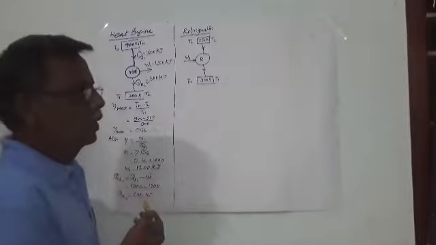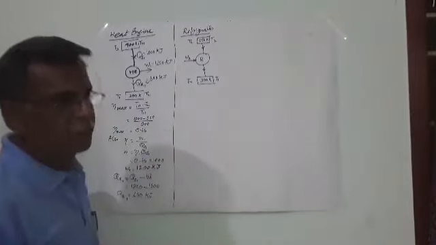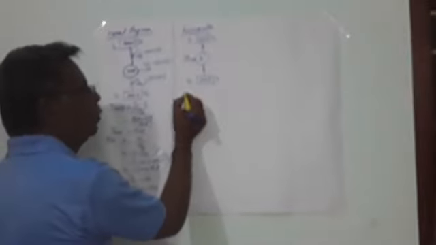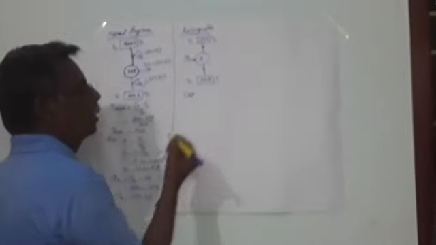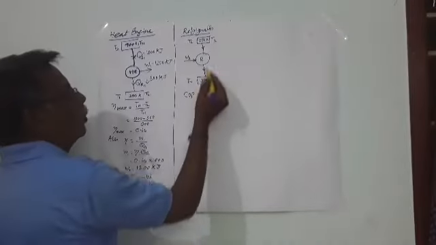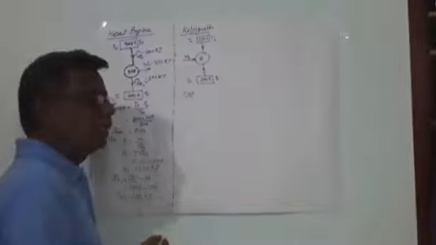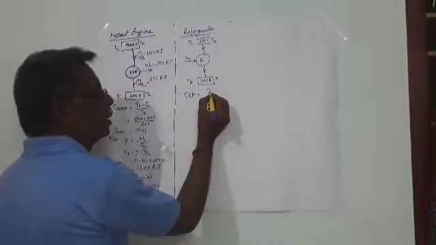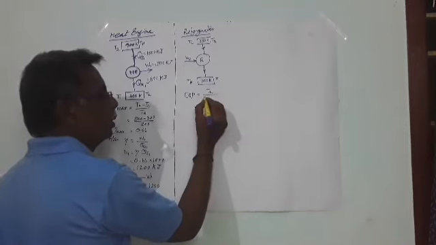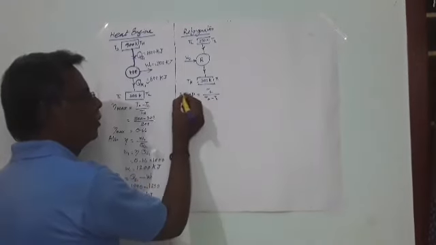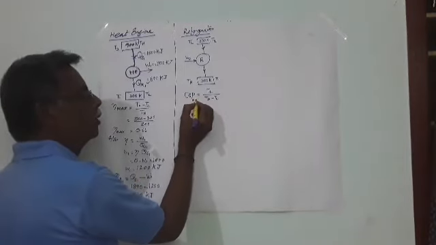Here, instead of Carnot efficiency, we speak of the Carnot COP, coefficient of performance. When it operates between two temperature limits, the COP is given by the low temperature divided by the difference in temperature, TH minus TL. Let us find out the maximum COP of the refrigerator.